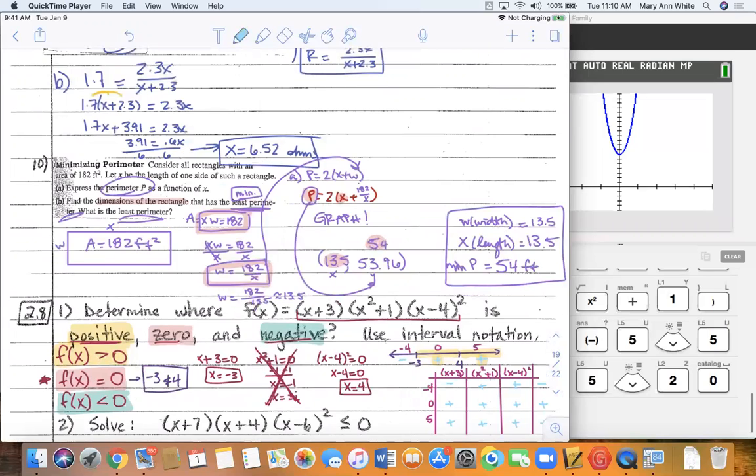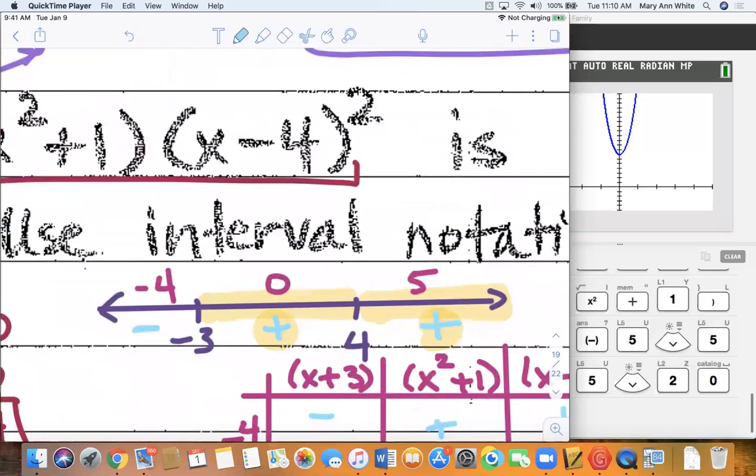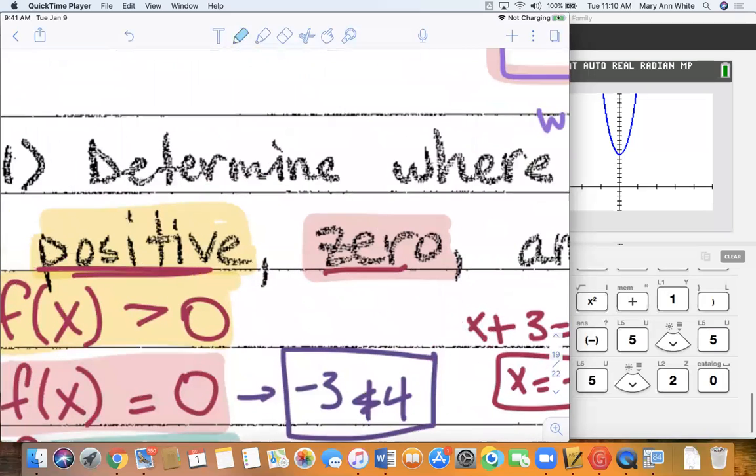Since it's not or equal to, I don't get to include 4 because 4 is equal to 0. If you plug 4 in, you get out 0. So I don't get to include 4. I'm going to do the intervals -3 to 4, parentheses, because it's a greater than, not a greater than or equal to. And then I'm going to do 4 to +infinity.